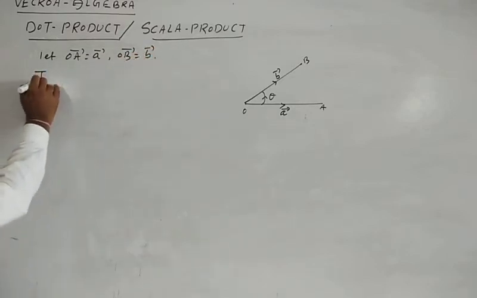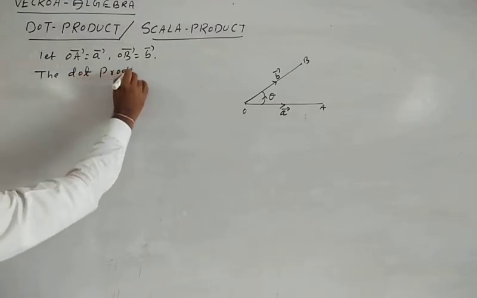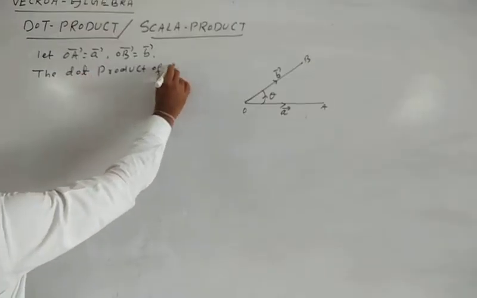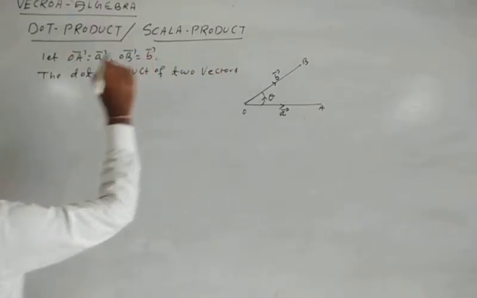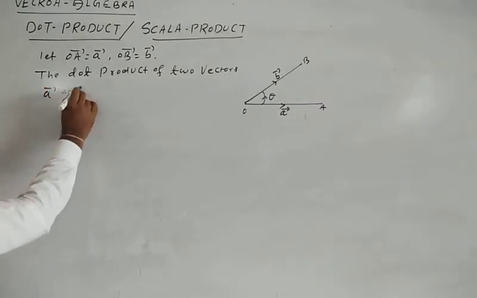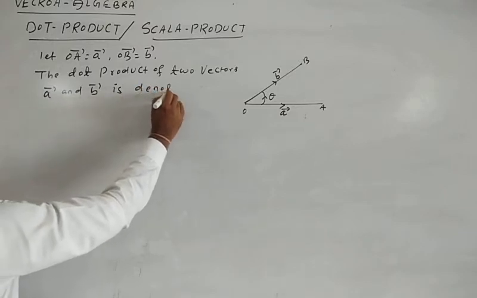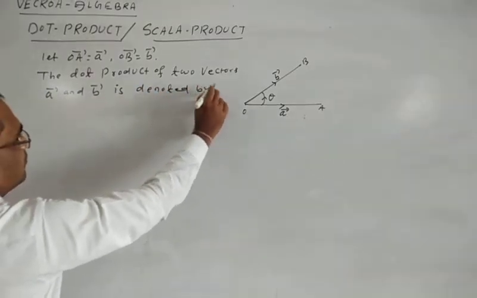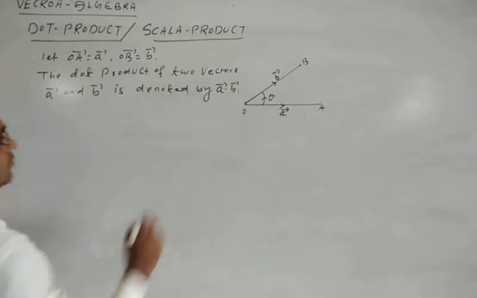The dot product of two vectors A vector and B vector is denoted by A bar dot B vector.